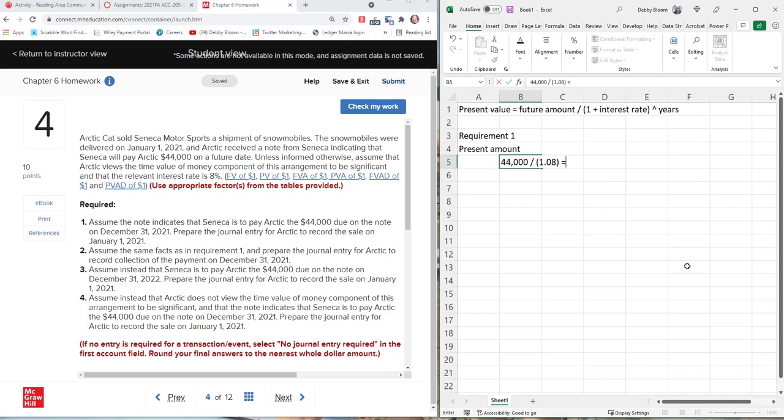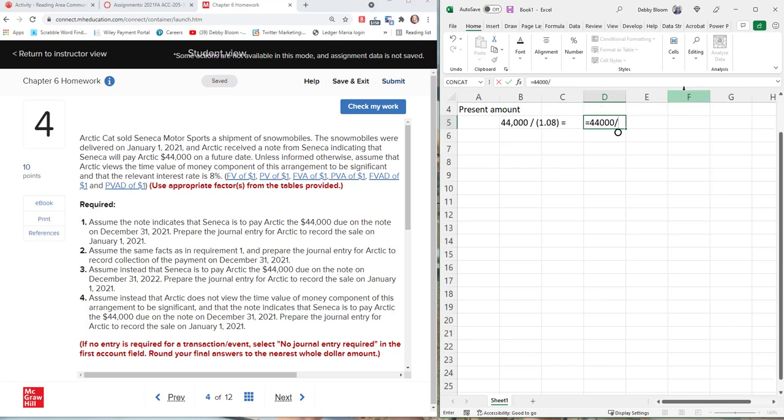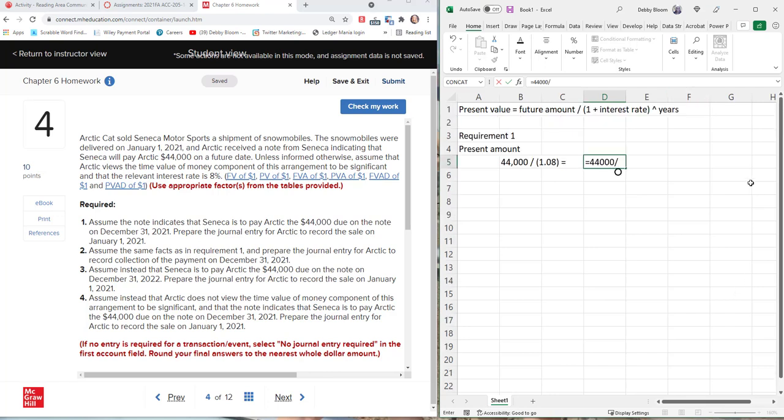We're just taking 44,000 and dividing by 1.08. Now in Excel, if you didn't know that 1 plus 8% is 1.08, you can actually put in the formula in Excel as 44,000. Now I would need the parentheses. That's kind of why I put them in before, because I was thinking ahead.